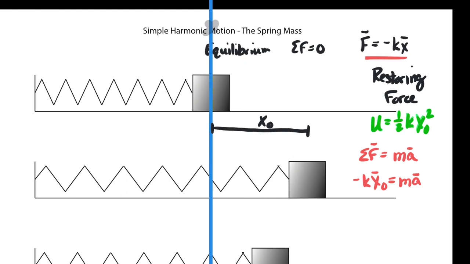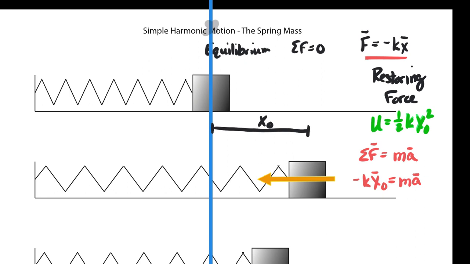The spring is pulling on the mass to the left. So even at this moment, the net force has got to be this way from the spring. The spring is pulling the box to the left.